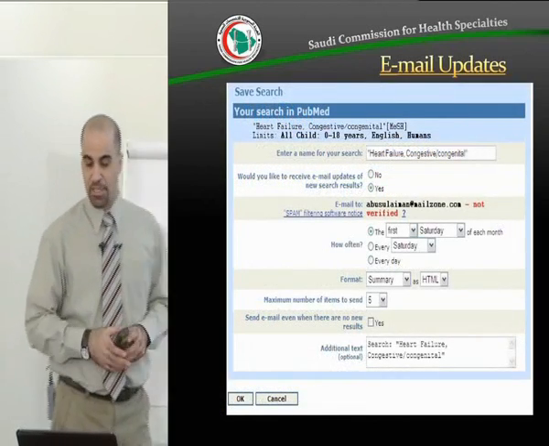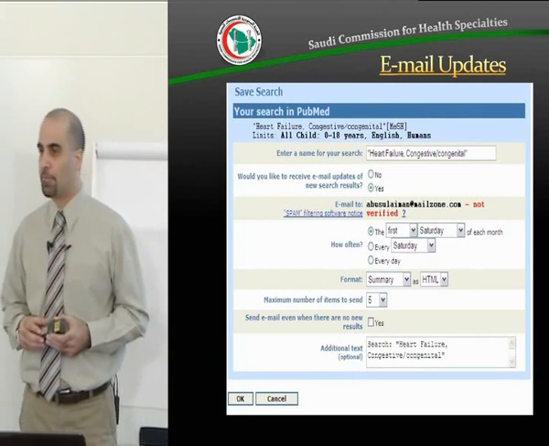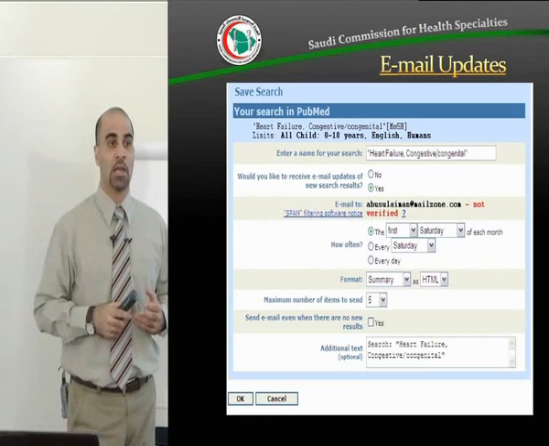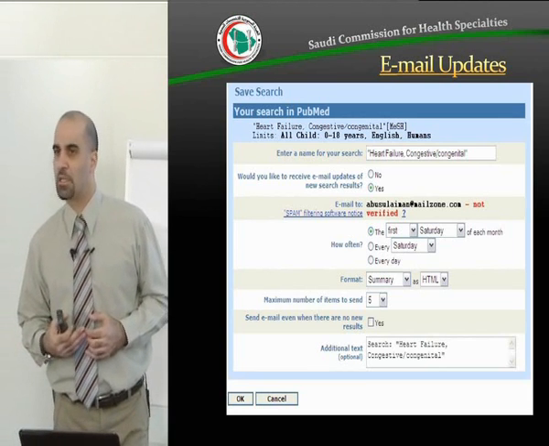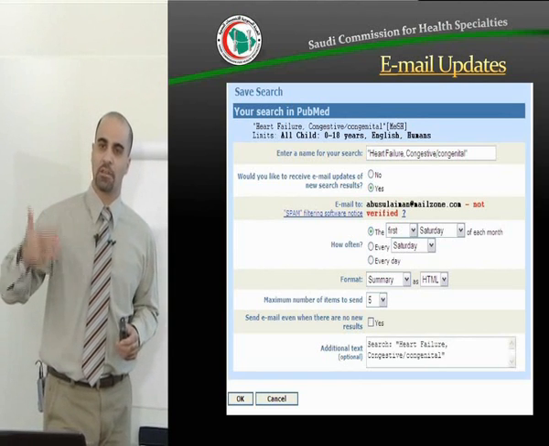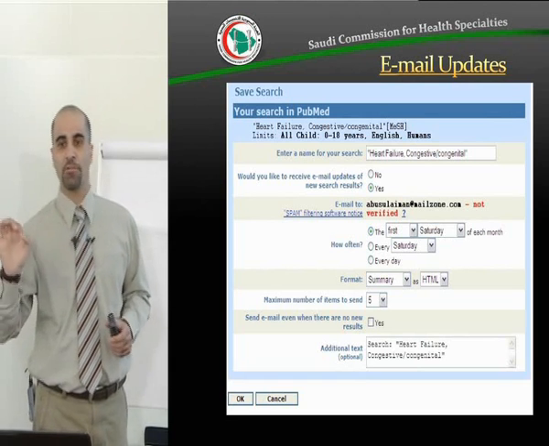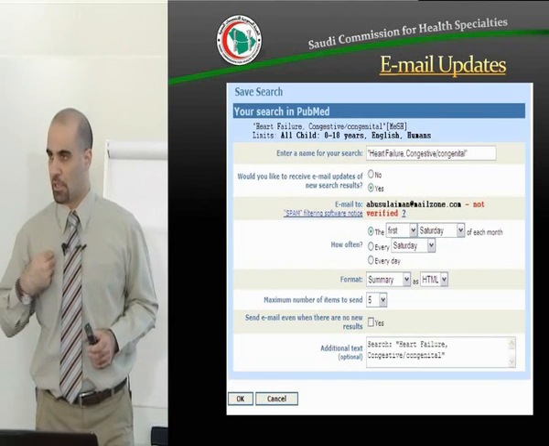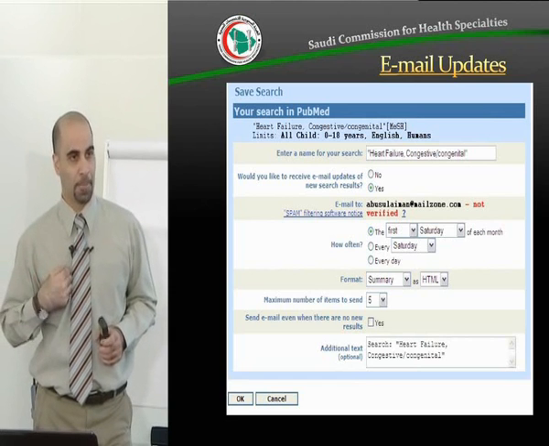Okay. Email updates, you can register with PubMed. Usually it's very helpful. I'm not sure if you have done that before, but it's very helpful for you to register with PubMed. What does it mean? It means that instead of going every time and doing the search that you are doing, right? You can tell PubMed, whenever a new paper is published in my research interests, send me an update, send me an email, okay?